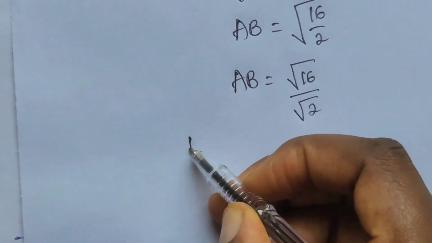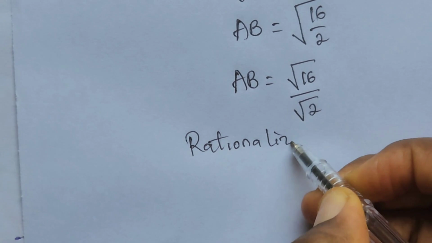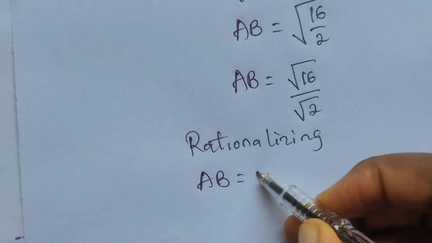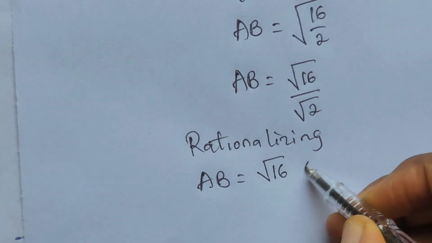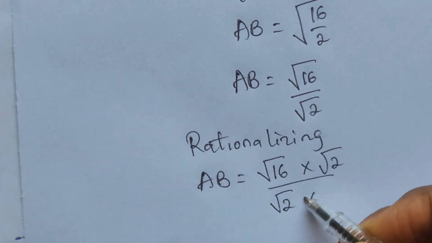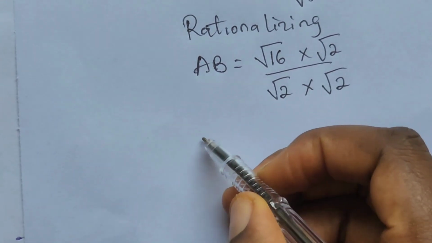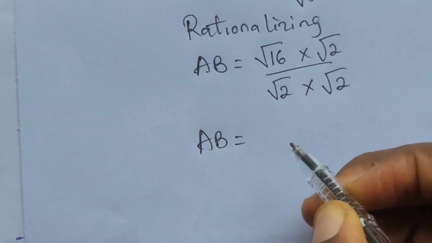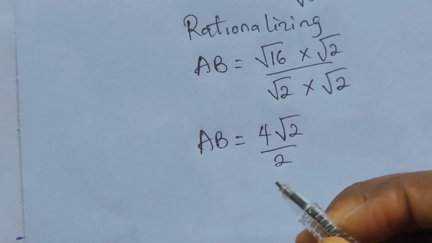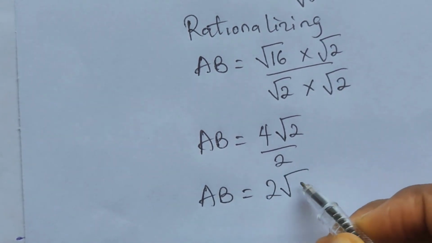So when we rationalize, we have AB to be equal to root 16 times root 2 over root 2 times root 2. So from here, we have AB to be equal to 4 root 2 over 2. So our AB is equal to 2 root 2.